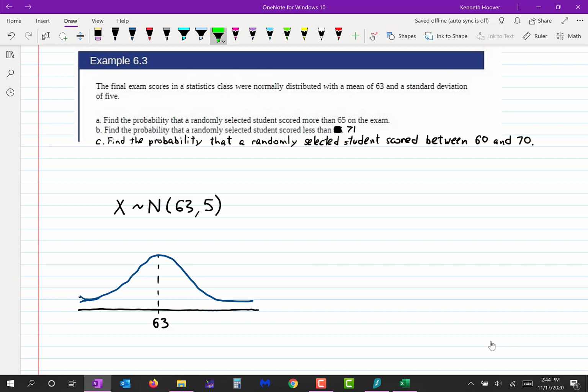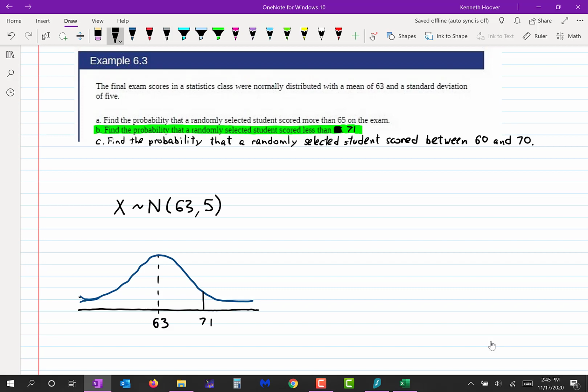Now, I think the easiest one is B. Let's do that first. It's the most straightforward. So what are they asking us to do? They're asking us to find the area under the distribution on the left of 71. So let's say 71 is right about here.